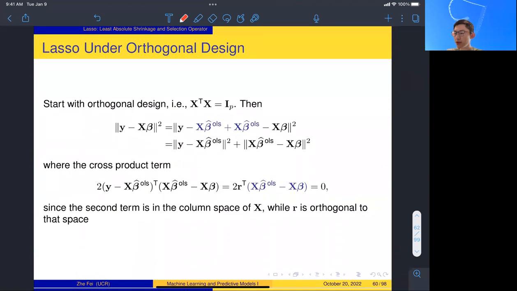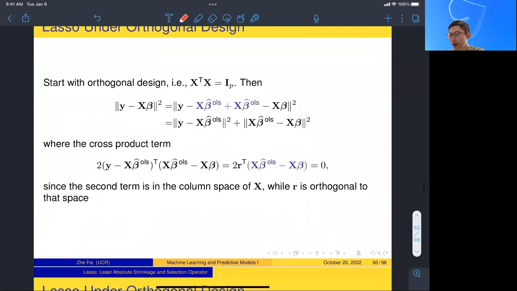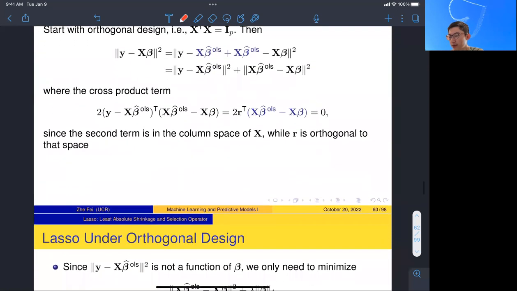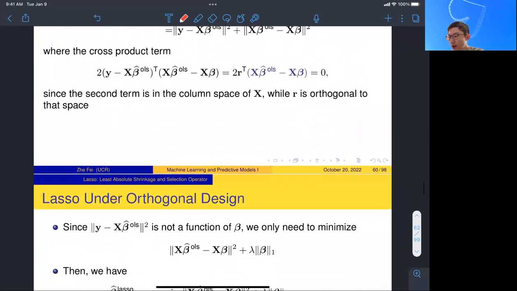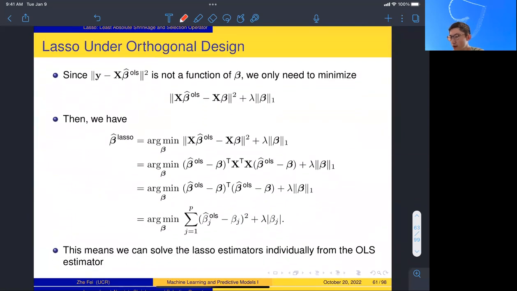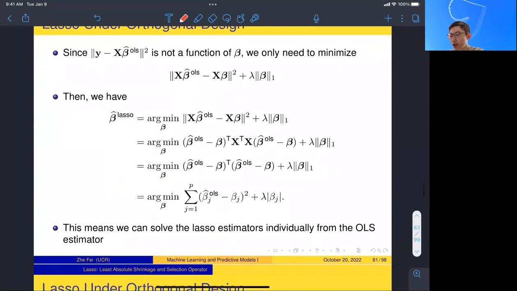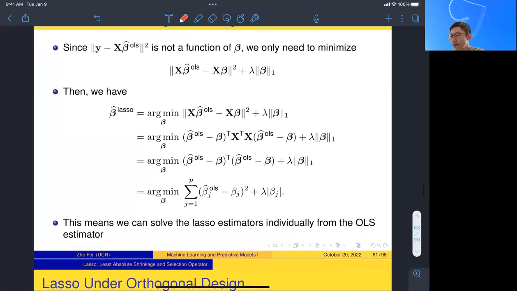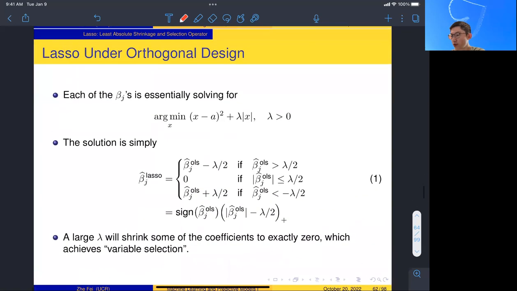There is some mathematical derivation which essentially shows us why or how lasso achieves exactly zero estimation. But we could just go to the conclusion here, equation 1. This is looking at a single beta hat j, for a single j lasso solution.